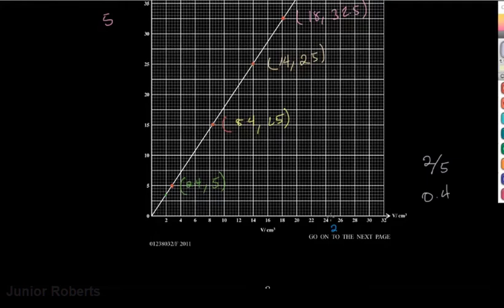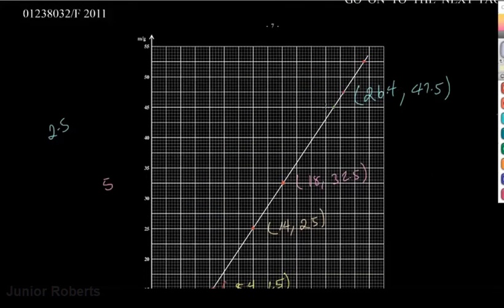So let's go back up to our point. If this is 24, this would be 24 plus 0.4, which will give you 24.4, plus 0.4 again, 24.8, plus 0.4 again.